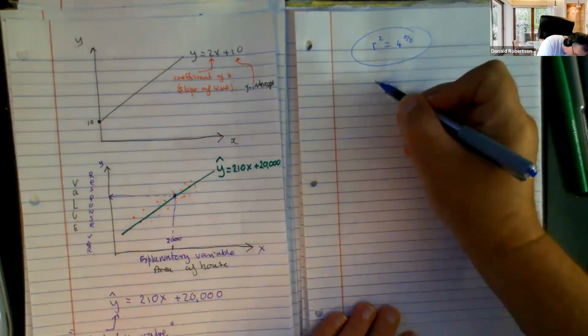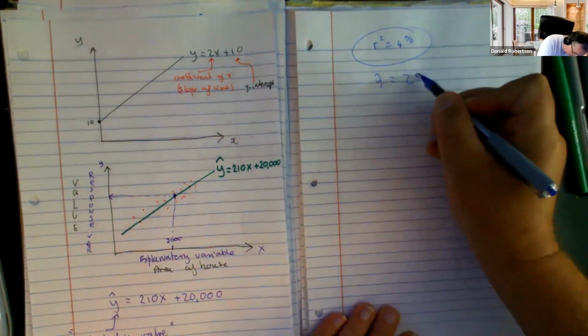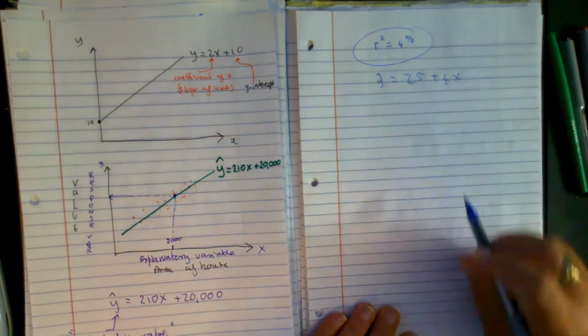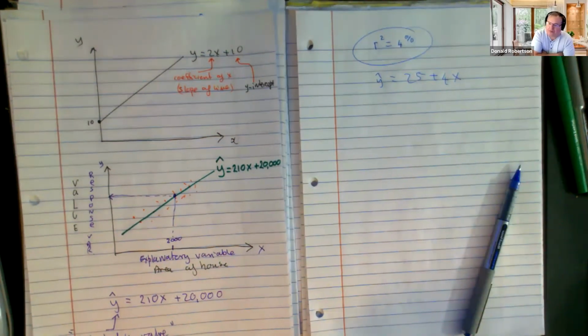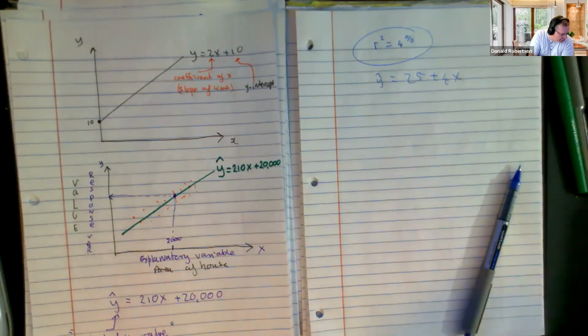Suppose I gave you a formula, if that helps. Would you use that formula to do any predictions on, if X is this, my predicted Y would be that? 4% R squared. Any takers? 4% R squared.